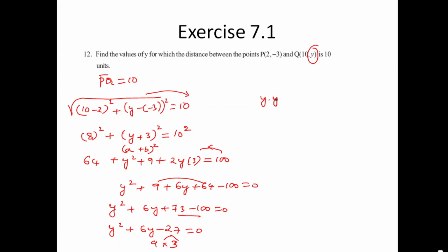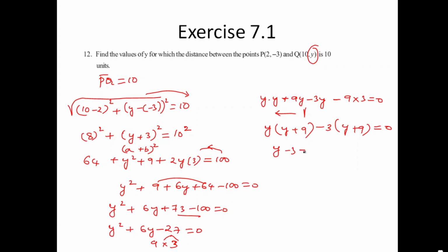I can write it as y into y plus 9y minus 3y minus 9 into 3 equivalent to 0. Now dividing it exactly into half, that is y times y plus 9, and similarly the middle term should be minus 3 times y plus 9 equivalent to 0.